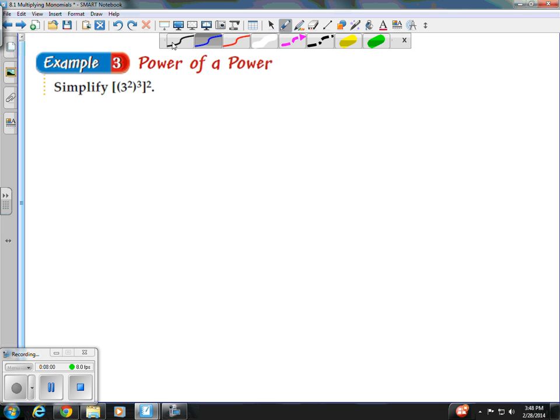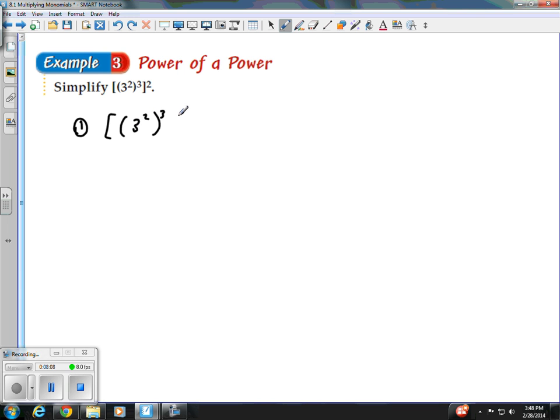So our first example here has a bracket and then a parenthesis, 3 squared, all squared. Once again, we want to first look at what's on the inside. So I have 3 squared. That means our base is 3 this time.